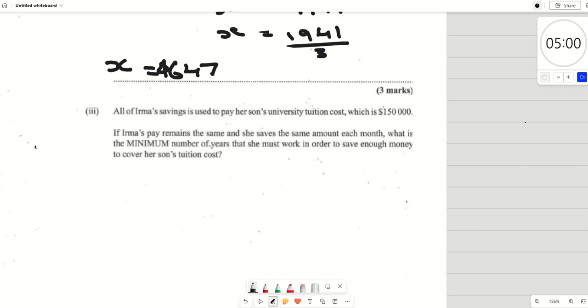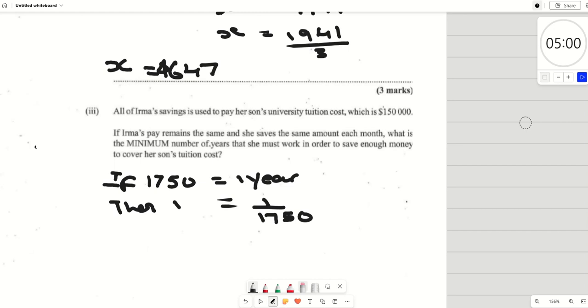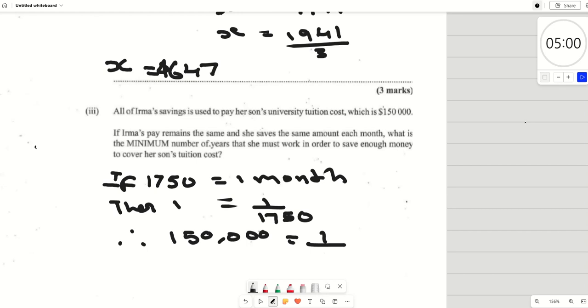So we know 1 month, actually, instead of years, you could have just put months. Right, this is 1 month. Therefore, 150,000 is equal to 1 over 1,750 multiplied by 150,000.